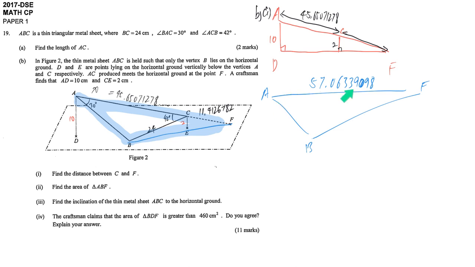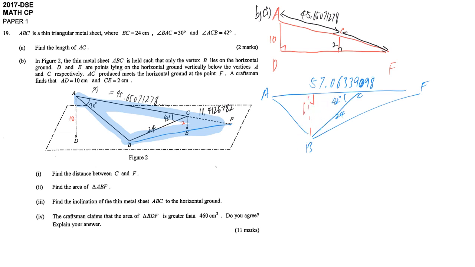Because we already have one length, if we consider it as the base, then we want the height also. Any method can find the height. And don't forget you have 42 degrees and also 24 here from point C. So this is a right angle triangle, with opposite side and hypotenuse. If we use the sine ratio, we can get the height directly.